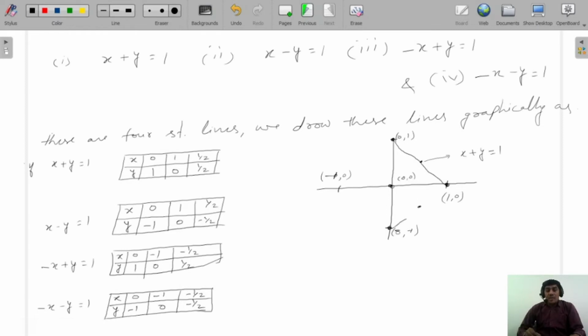Joining these points, this line represents x minus y is equal to 1. Now for the third, minus x plus y is equal to 1. x is 0, y is 1 is this point. x is minus 1, y is 0 is this point.